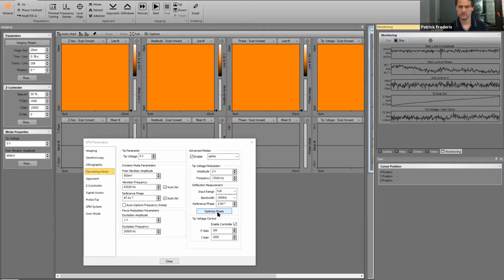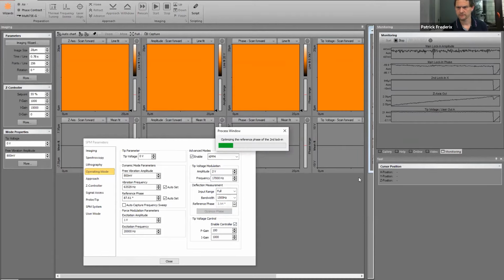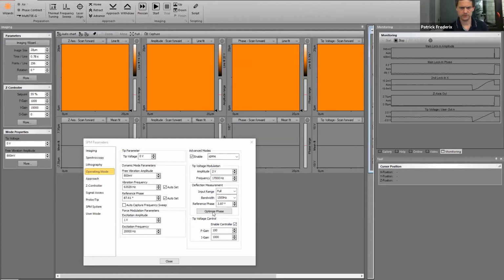So let's run this. So you see there is the voltage running. The lock-in was also responding and slightly modified the phase. It's almost the same as before. And this is all it is, what you have to do about setting the reference phase.